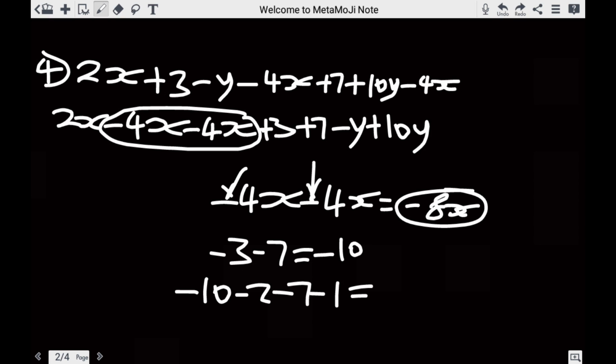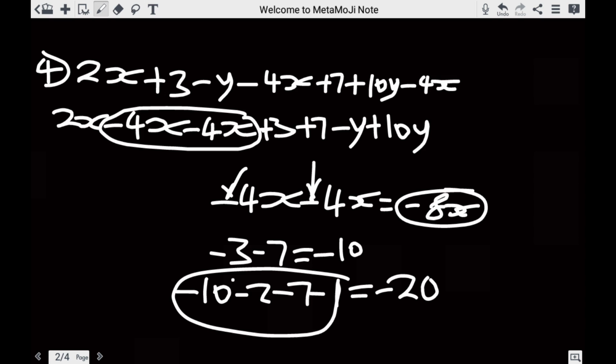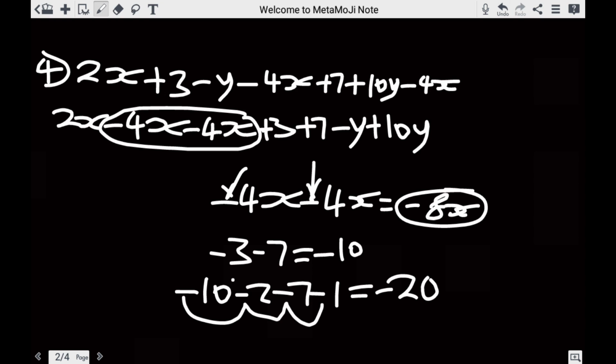Because the signs are the same, you choose one, write it down, then add 10 plus 2 plus 7 plus 1. 10 plus 2 is 12, 12 plus 7 is 19, and 19 plus 1 is 20. So you should get minus 20. So if the signs are the same, you choose one, write it down and add the numbers together.